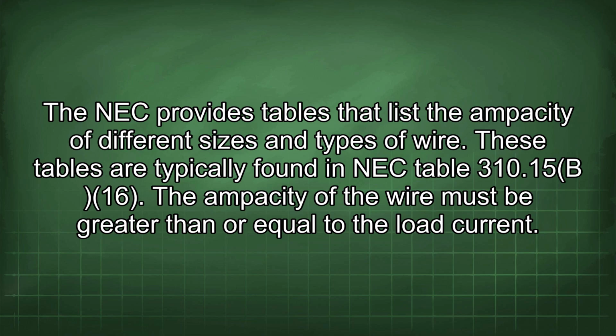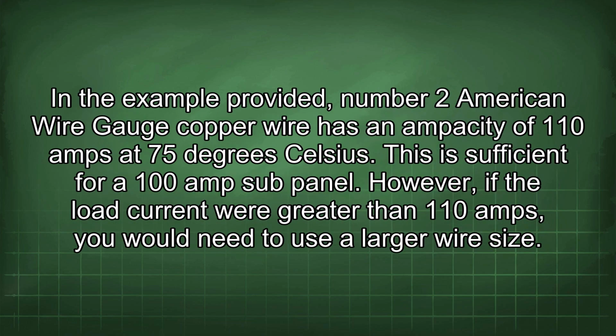The ampacity of the wire must be greater than or equal to the load current. In the example provided, number 2 American wire gauge copper wire has an ampacity of 110 amps at 75 degrees Celsius. This is sufficient for a 100 amp subpanel. However, if the load current were greater than 110 amps, you would need to use a larger wire size.